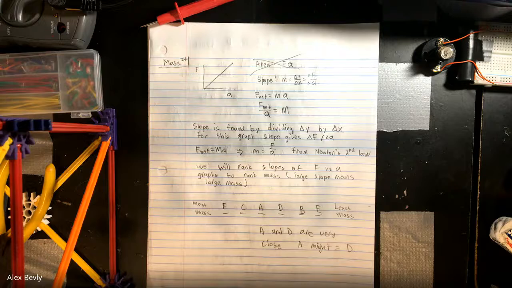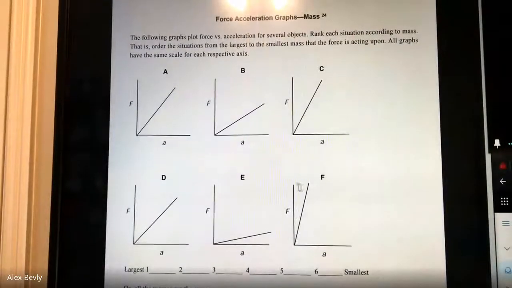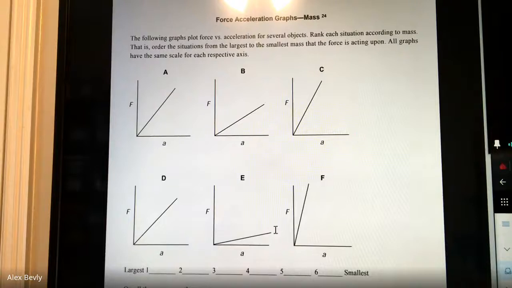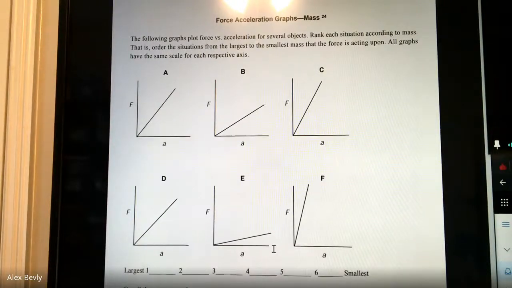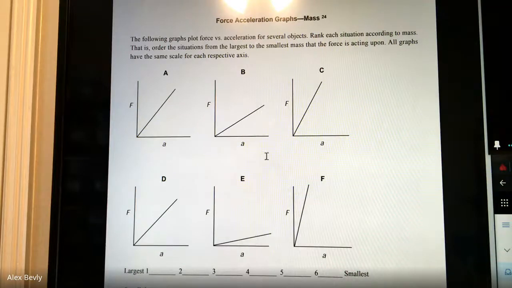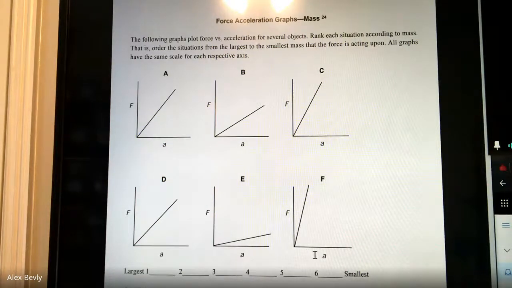You're probably either looking at slope or area, but even if you forget to look at slope or area, you can always just analyze the graph: big force gives a small acceleration, small force gives a big acceleration. You can always use that to relate to mass. So you don't even have to talk about slopes. You can say if I have a big acceleration for a small force, I have a small mass. If I have a big force to achieve a small acceleration, I have to have a big mass. All right, so far so good.